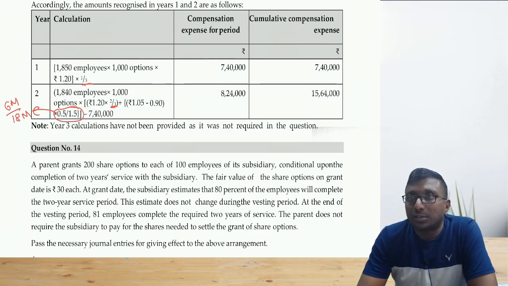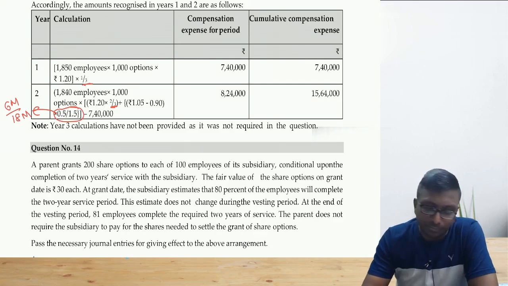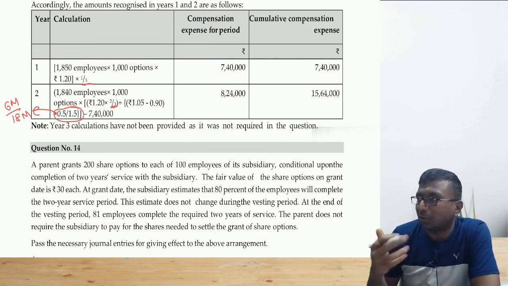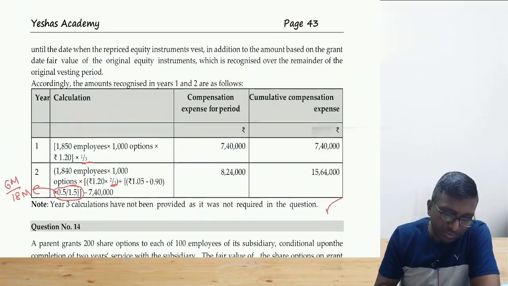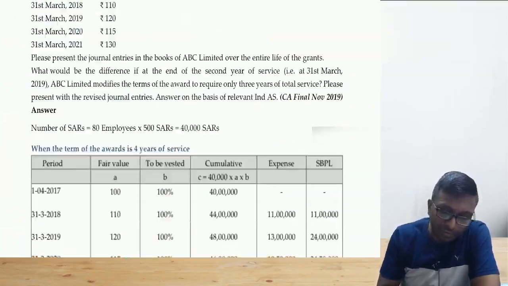Current year it is 0.5, 6 months out of 18 months. Next year it is full 12 months, so 12 by 18 you will be applying. Next time, accumulated, 18 by 18 will come. If you have tried it, you will not find it difficult.